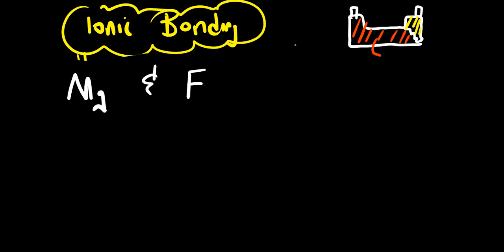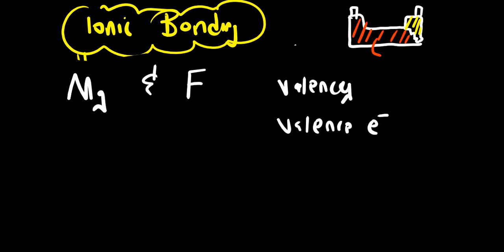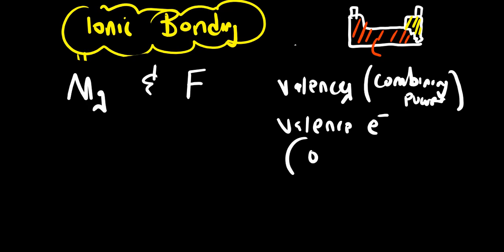Now there's valency and valence electrons. You should be able to distinguish these two. Valency is just the combining power of an element. Valence electrons are the electrons found in the outermost shell.